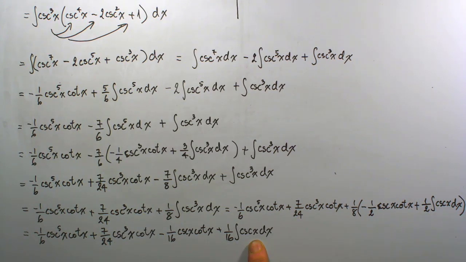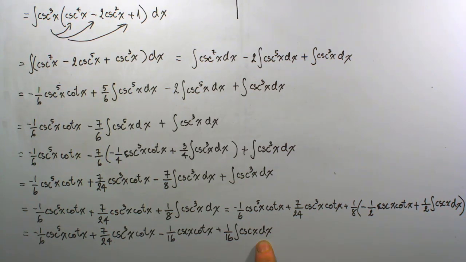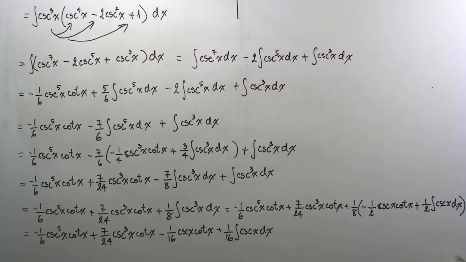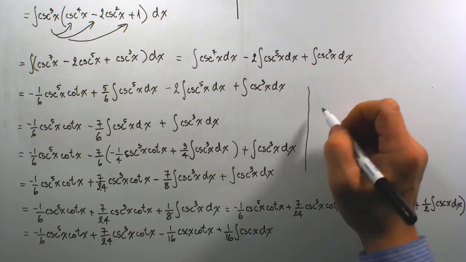And so back to what I was saying earlier, this integral of cosecant of x is known. And so now I can bring in a known integral.